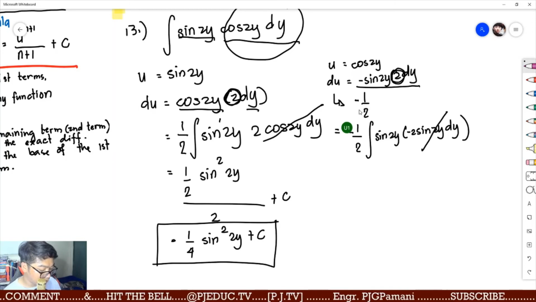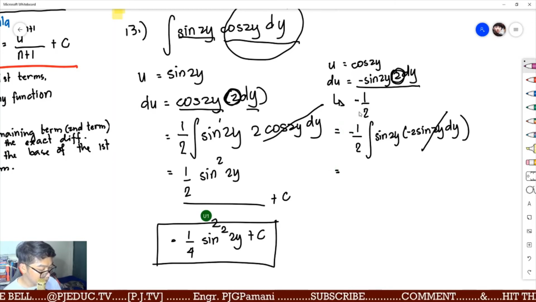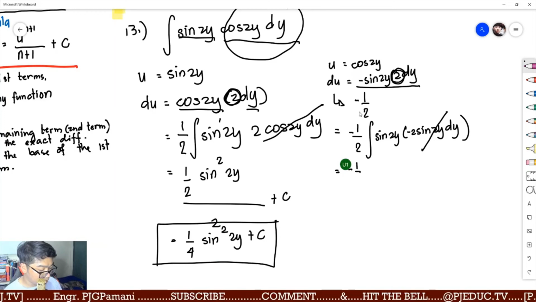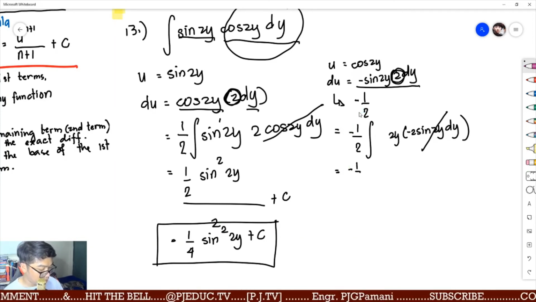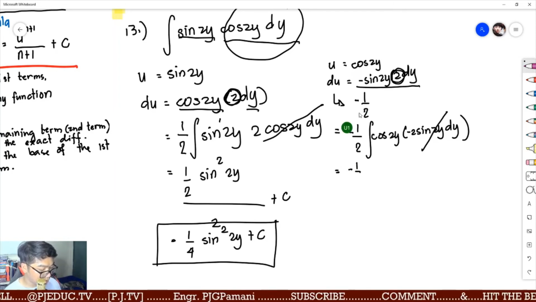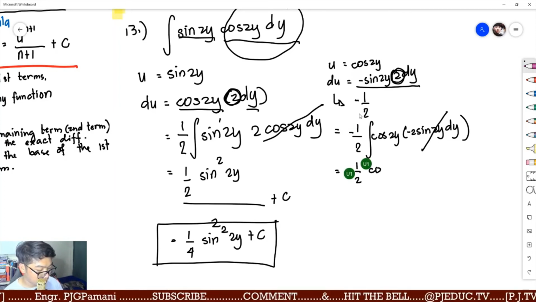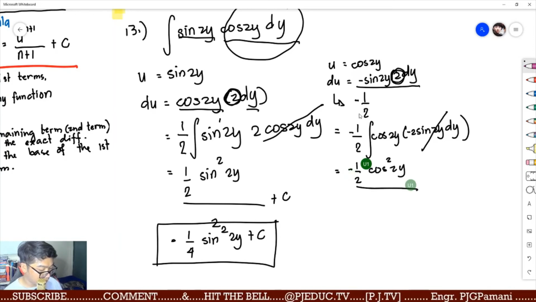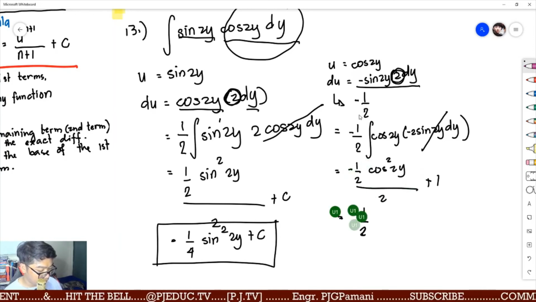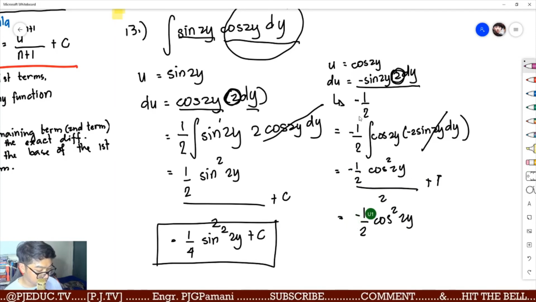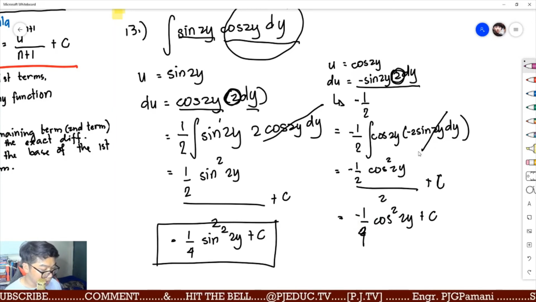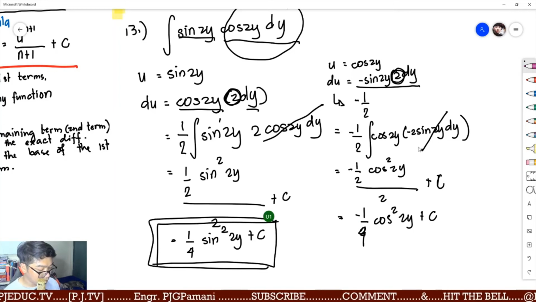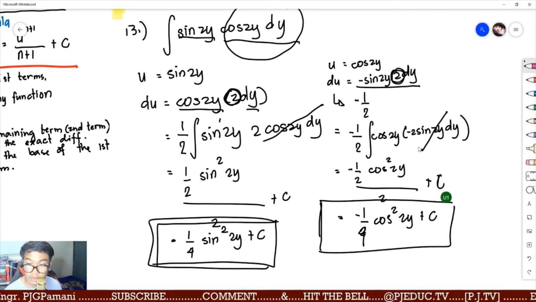Cancel na yan. Then, negative 1/2. I know. Tama ba? No. This one should be cosine. Cosine. Kasi yung ginamit natin is cosine. So, 1/2 cosine squared 2y over 2 plus 1. Or negative 1/4 cosine squared 2y plus your integration constant. Tingnan nyo. Yung ginamit natin, yung integrand term natin na sin 2y, positive. Yung ginamit natin si cosine, negative. Inverse lang silang dalawa.